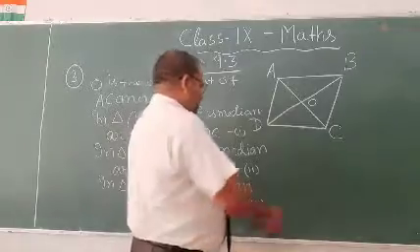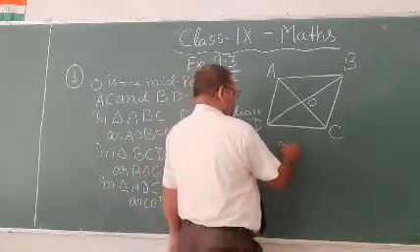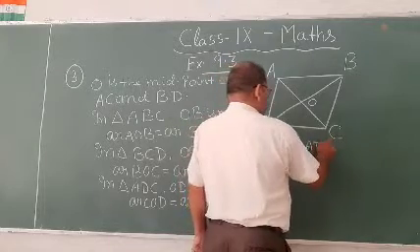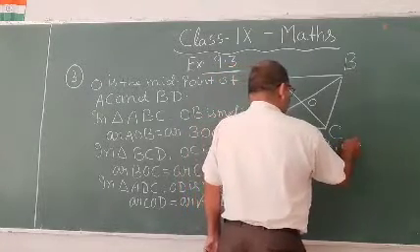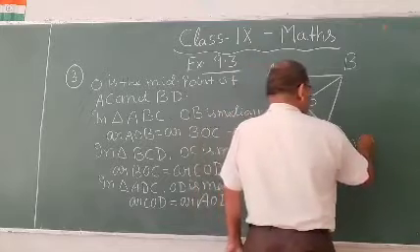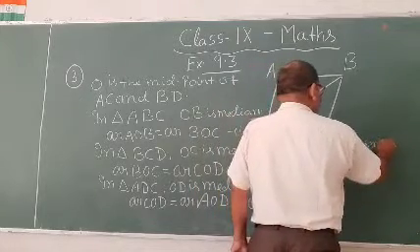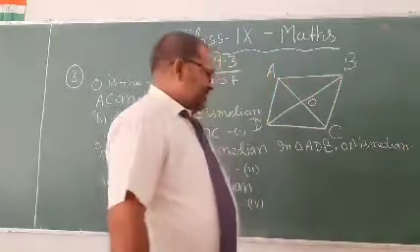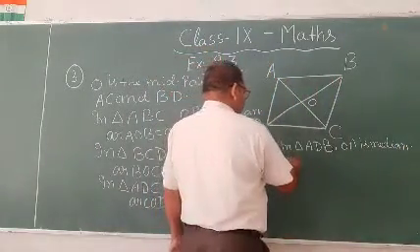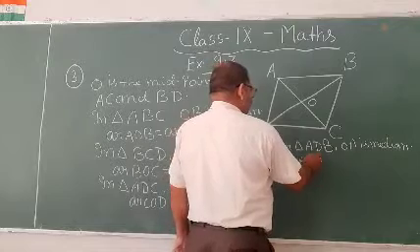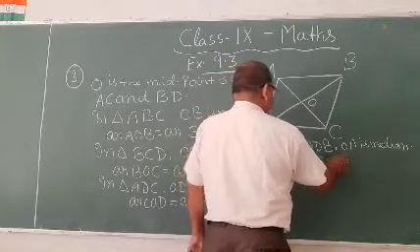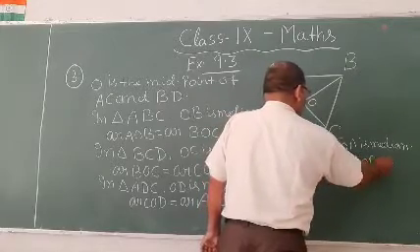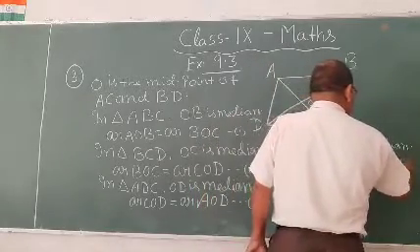In triangle ADB, OA is the median, then the area of AOD is equal to the area of AOB. That is 4.